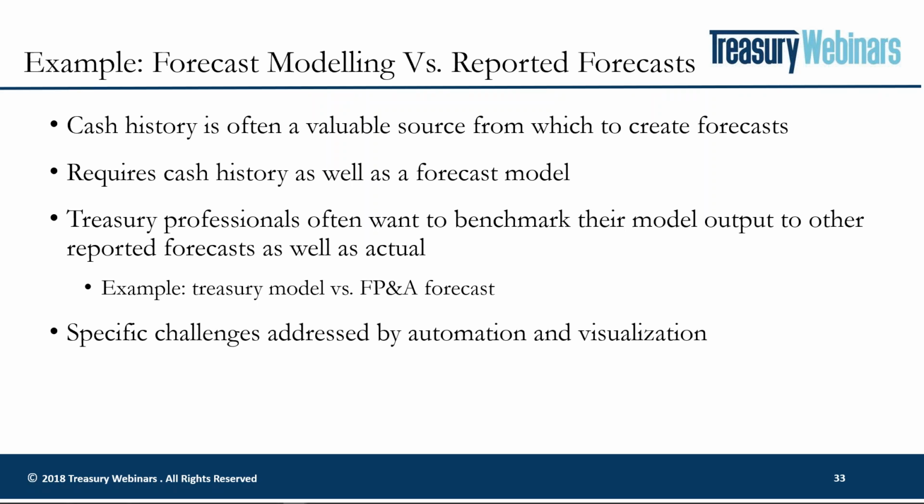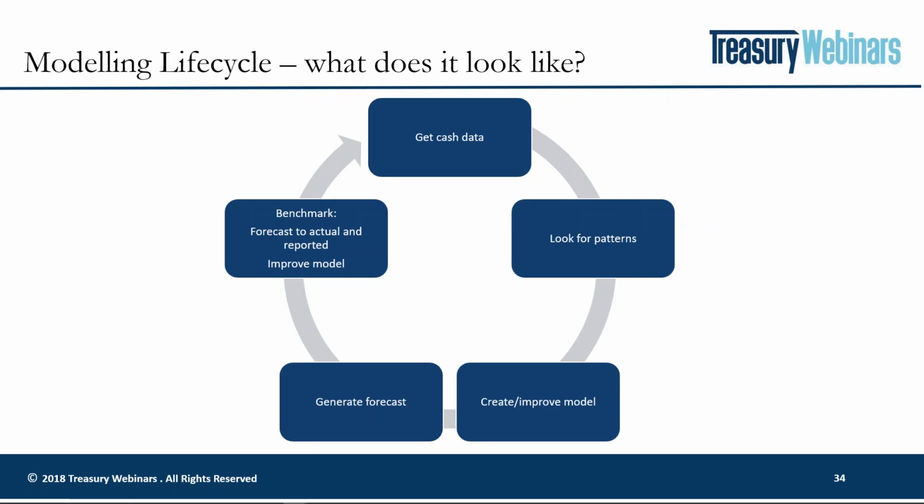You have to have good cash history as well as a forecast model in order to do that. Certainly, our customers want to benchmark any model output to other sources of forecast, again circling back to Jared's example with FP&A. And it certainly creates specific challenges which are addressed by automation and visualization.